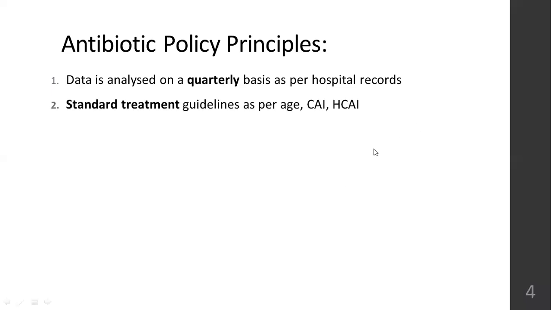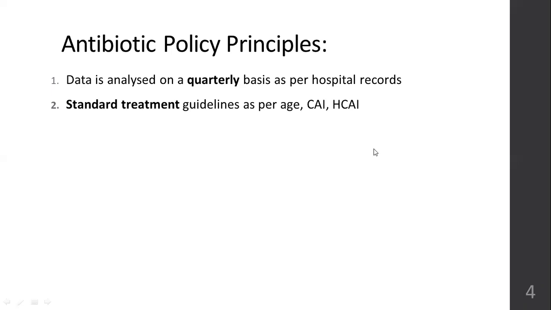Then standard treatment guidelines are also made as per age, and also as per community associated infection and healthcare associated infection. What standard protocols, medicines or procedures you use for a 5-year-old could be different from a 65-year-old.